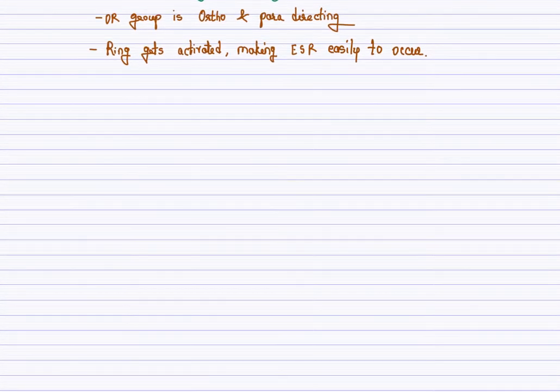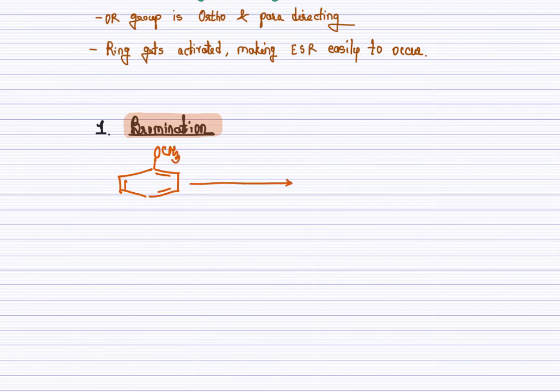The first one that they have given in the textbook is bromination. Now, the reaction seems to be okay and easy. How would we do this? We take anisole, OCH3, as our reference molecule, and we allow it to react with bromine in presence of CH3COOH. Look at this.